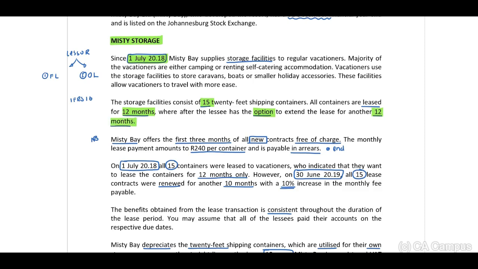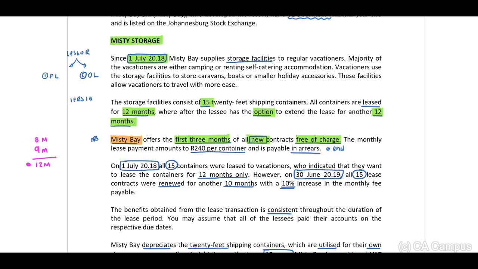They indicate to us that Misty Bay offers the first 3 months, guys, of all new contracts free of charge. Now, when we identify this, therefore, our lessee will have to pay for 9 months. 3 months is free of charge, and this will be the first 12 months.